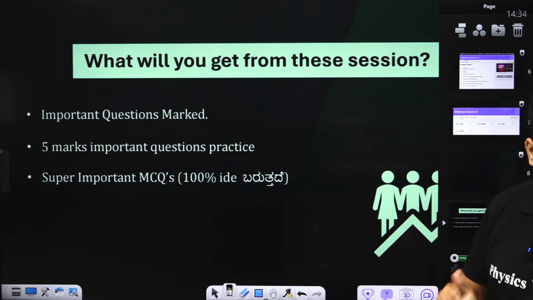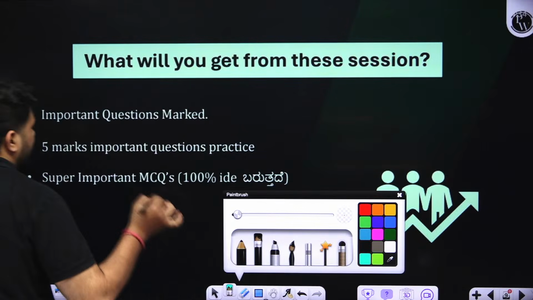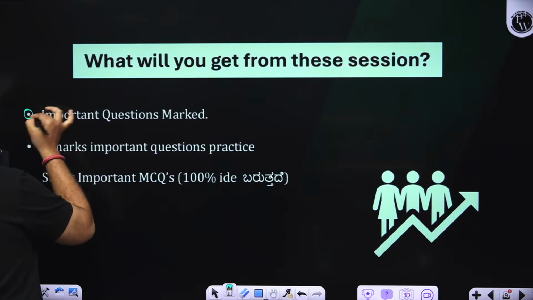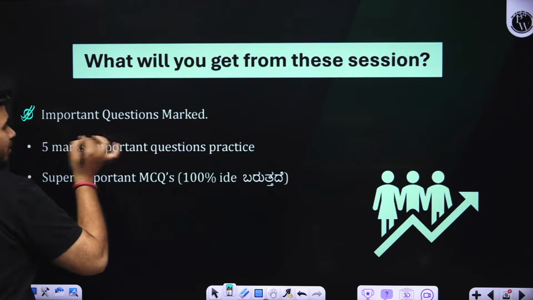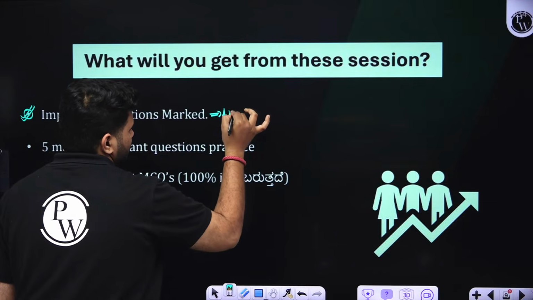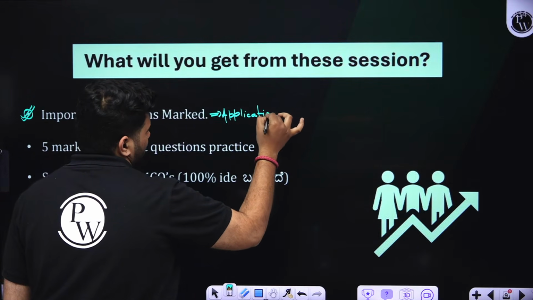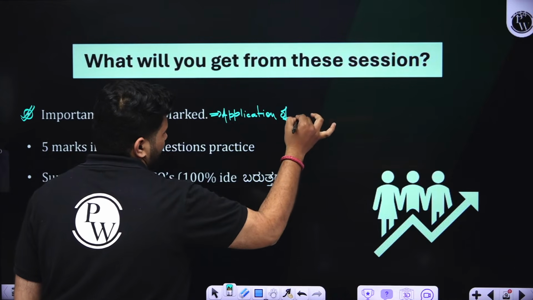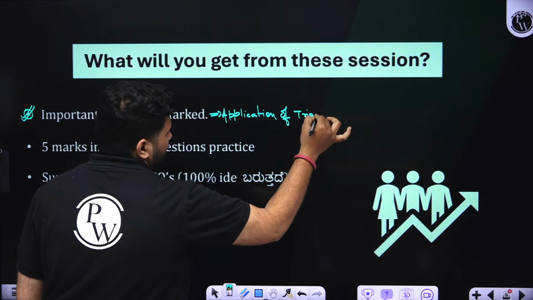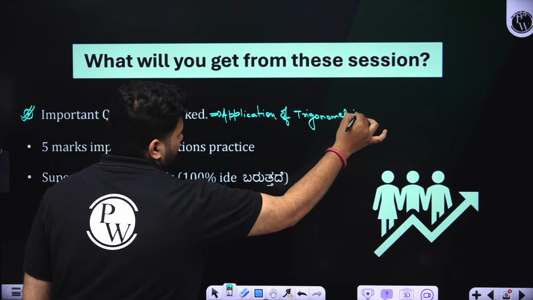Today if you attend this session correctly, what will you get? Important questions will be marked on which topic over here? That is nothing but applications of trigonometry. Correct? I will have you mark the 5 marks problems that come on heights and distances. Clear?